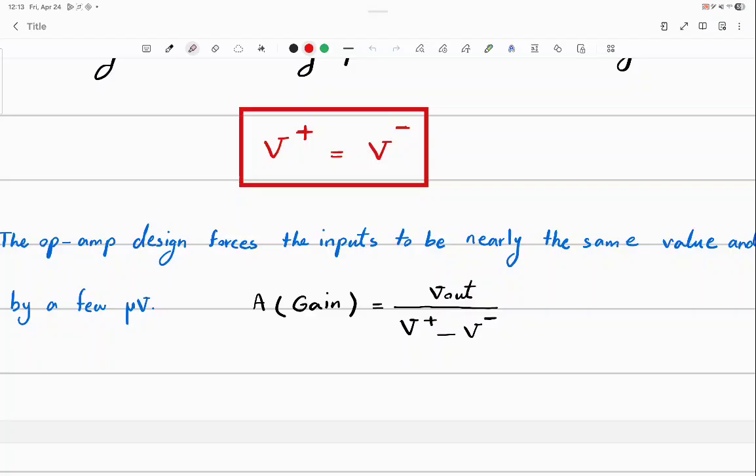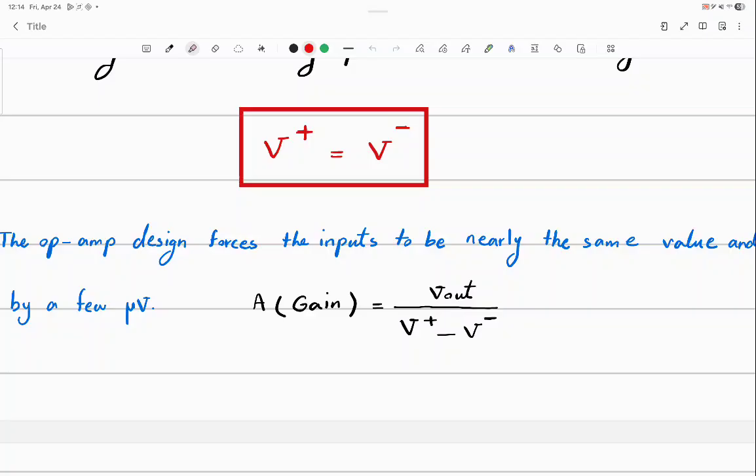So if the gain is very high, let me ask you this question. Can V out be infinite or no? Can voltage of a circuit be infinite? No, because that's just not feasible. That's not practical.